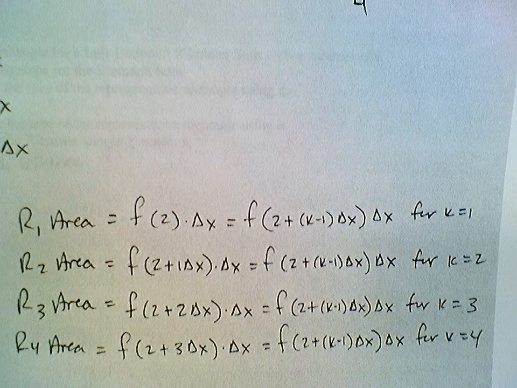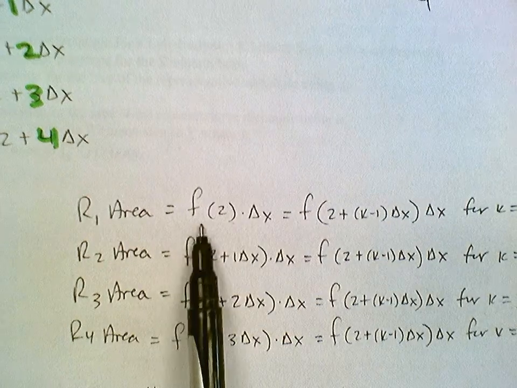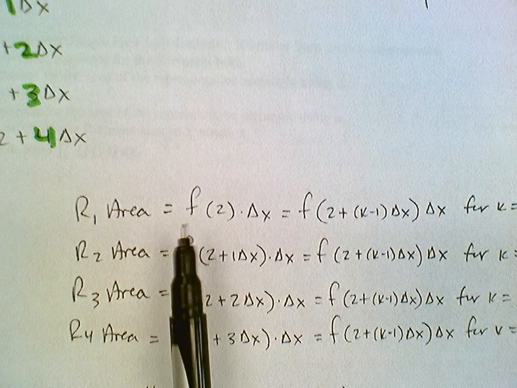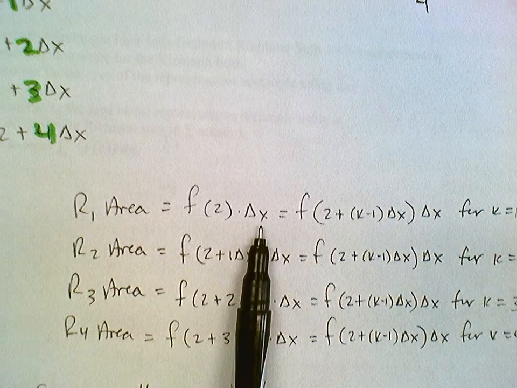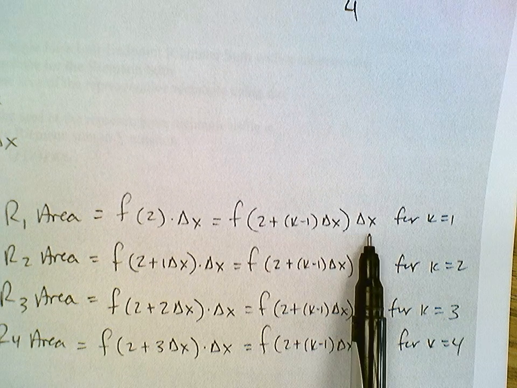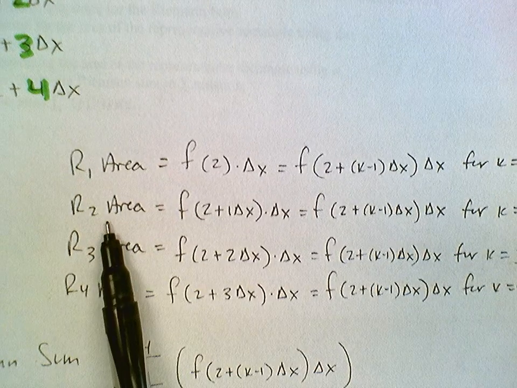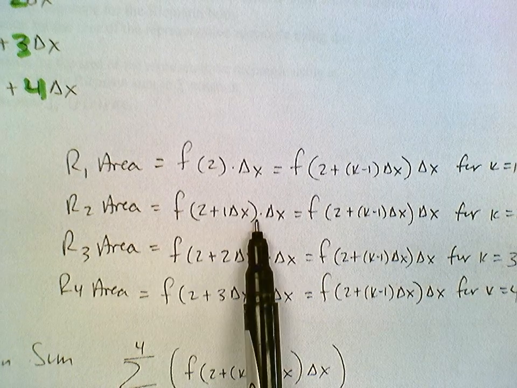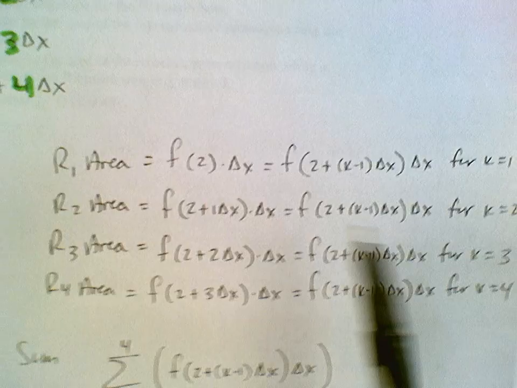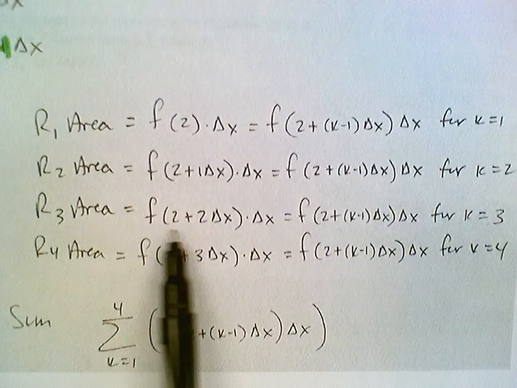Okay? Now, very similar to before, rectangle 1 area is f of 2 times 1 delta x, which you can express as this with the understanding that k is 1. Rectangle 2 area is this, which you can express as the same expression, but where k is 2.